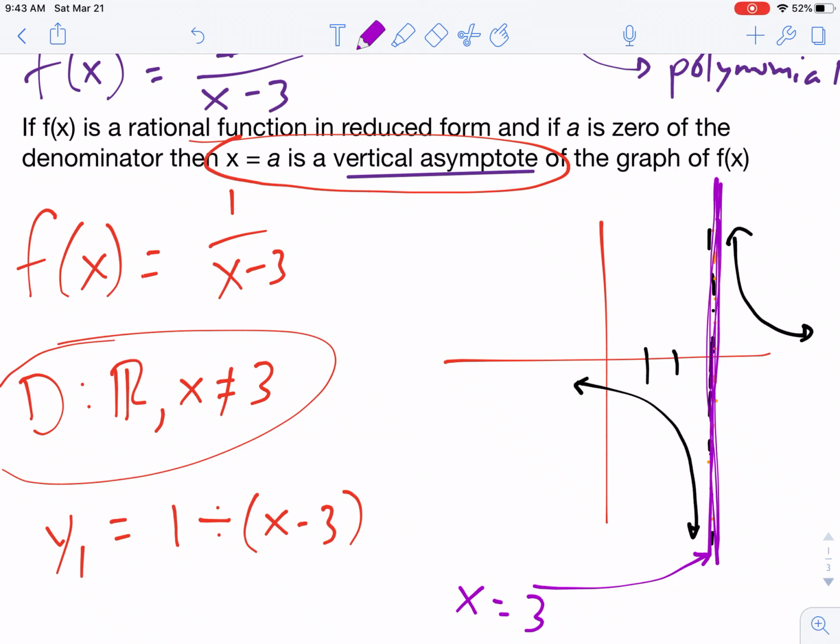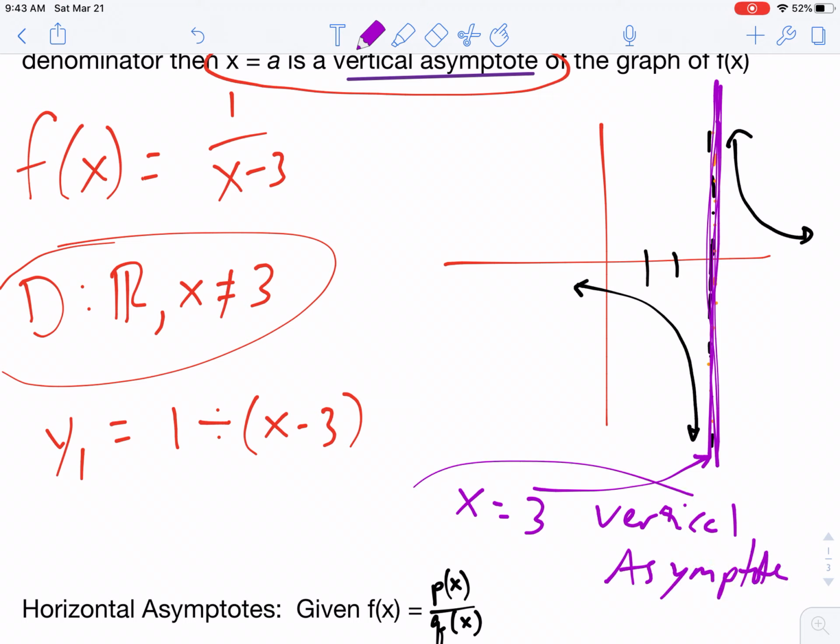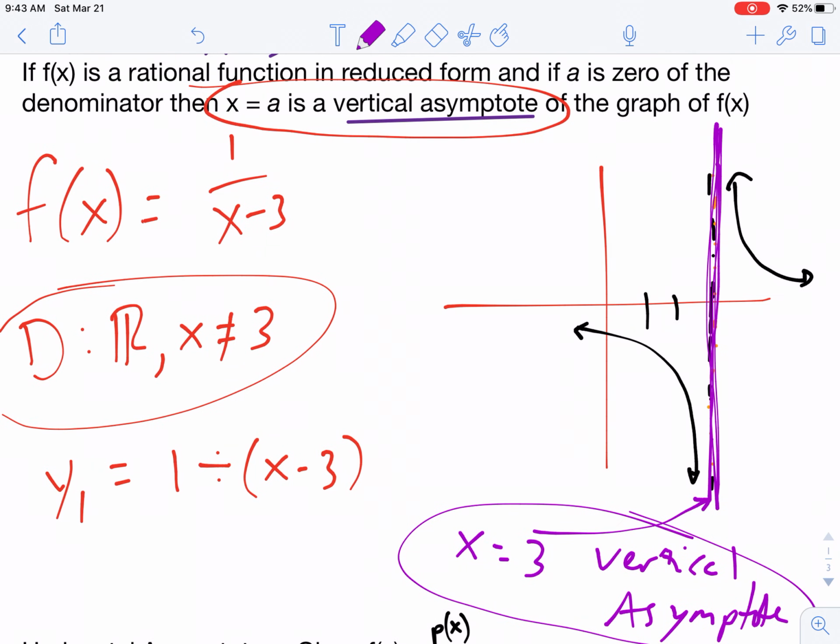So a vertical asymptote is always going to have an equation of x equals. That's the equation for a vertical line. So this function, the vertical asymptote, is located in the same place as the domain restriction, and that's fairly typical.